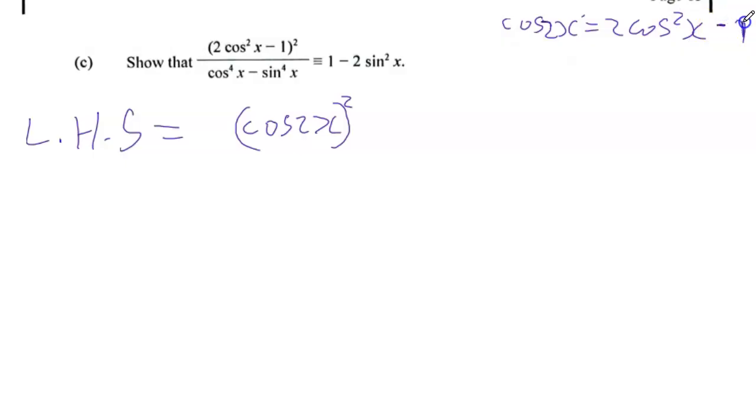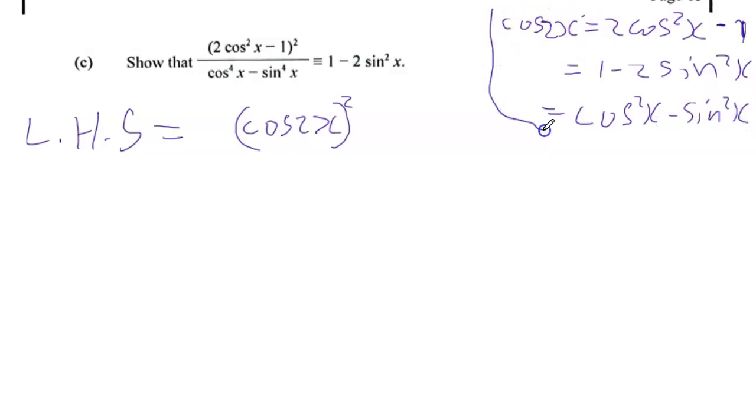We also know that cos 2x is equal to 1 minus 2 sine square x. And we also know that cos 2x is cos square x minus sine square x. So cos 2x is equal to all these things.